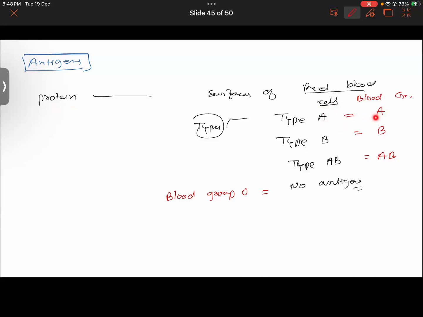Talking about blood group A, the antigen present on it is type A antigen. The antigen on blood group B is type B. It is basically the name of the antigen. Type AB antigen is found on blood group AB, hence the name of the blood group is AB, while blood group O has none of the antigens.